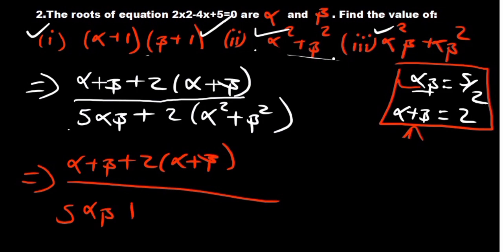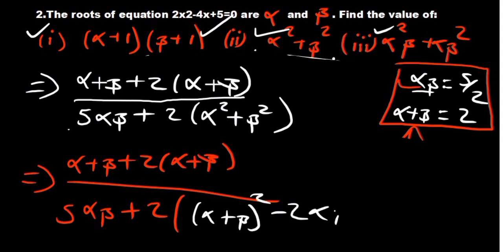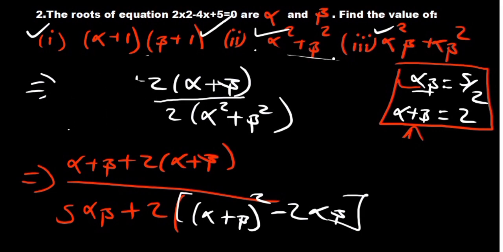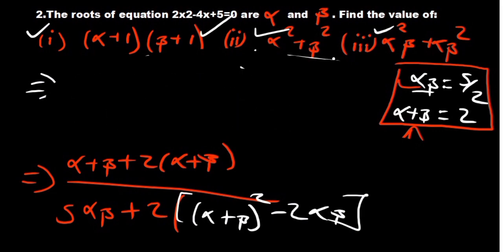Then where we have alpha squared plus beta squared, we said that is actually equivalent to what? It's equivalent to (alpha plus beta) squared minus 2 alpha beta. Okay. So from that, at that point, we can now substitute in the values that we have.